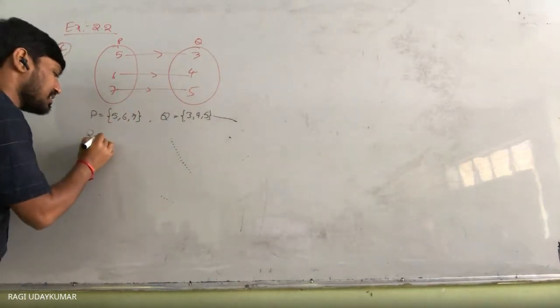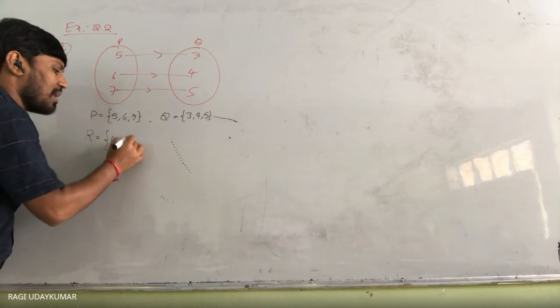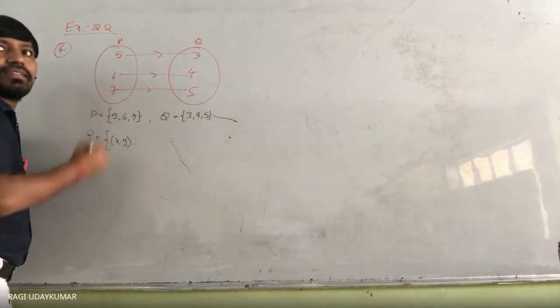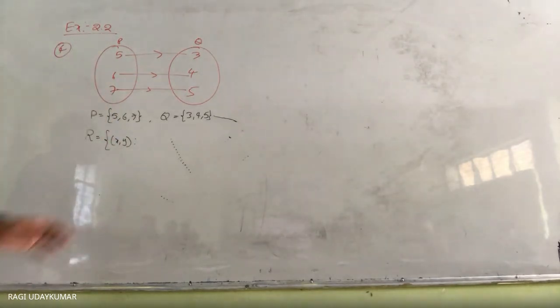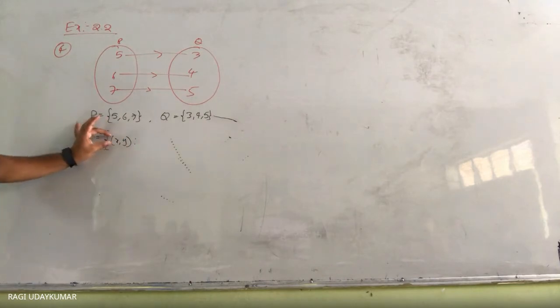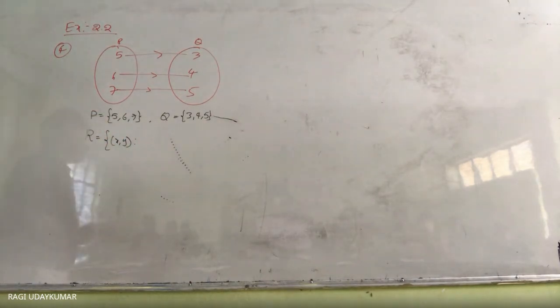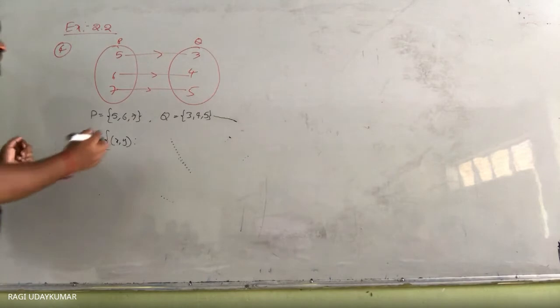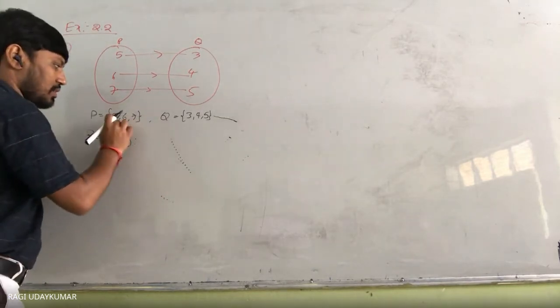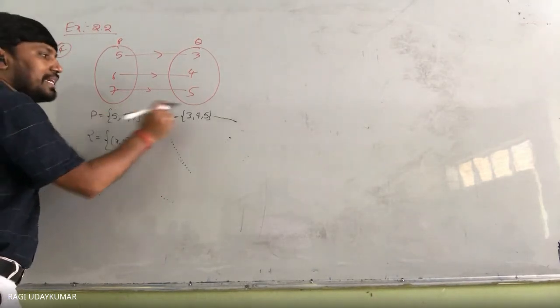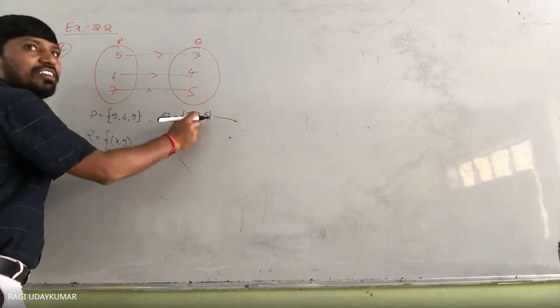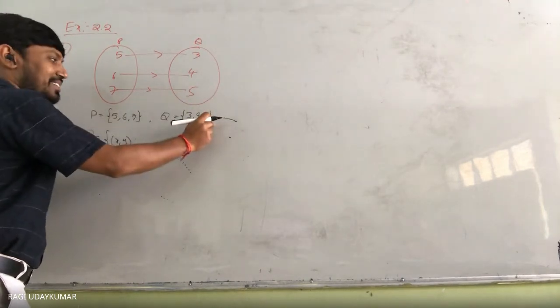Now how do you write the relation? (x, y) such that you write the relation between these two. The difference between each pair is 2.